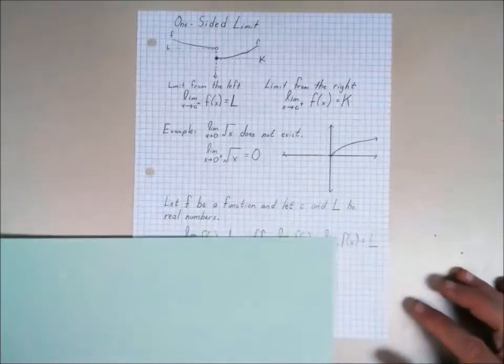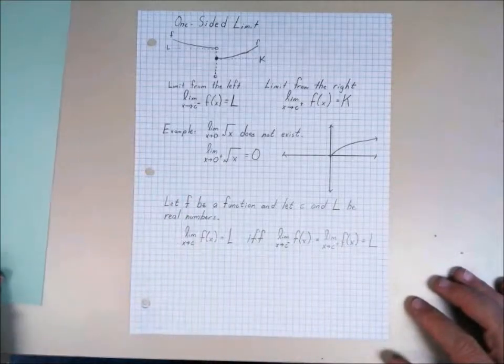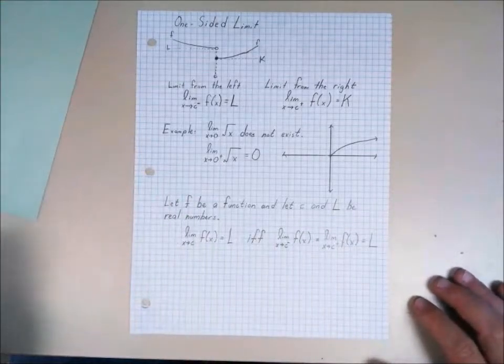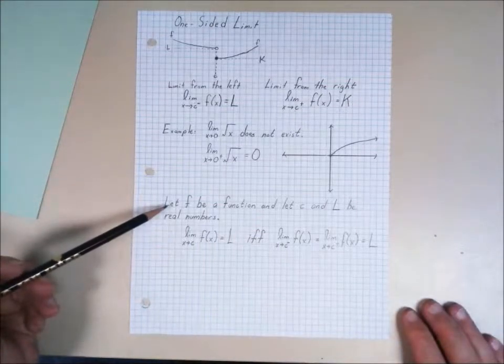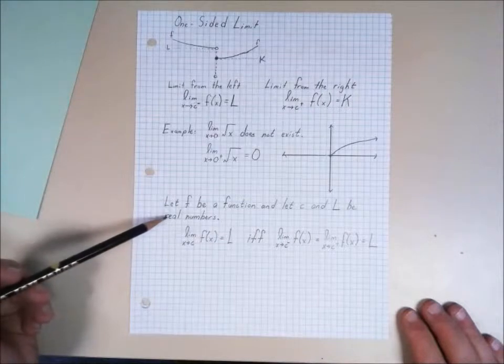So what you can do with that is you can actually define the limit that we've already talked about in terms of left and right. Let f be a function and let c and L be real numbers.